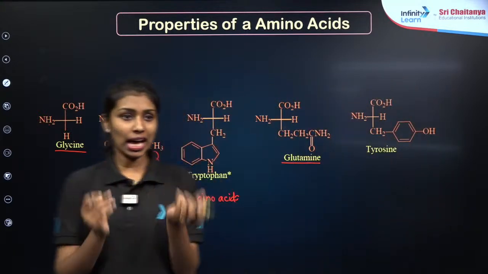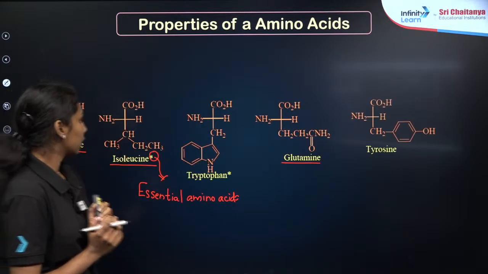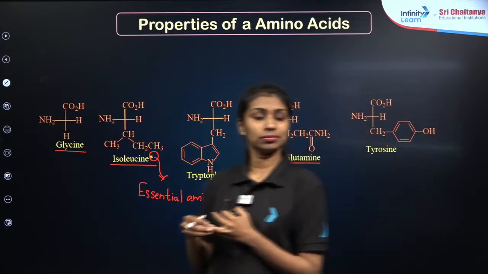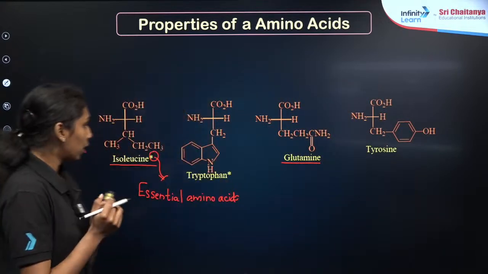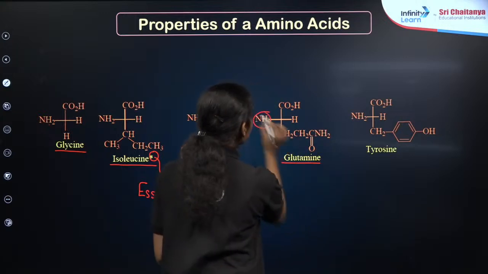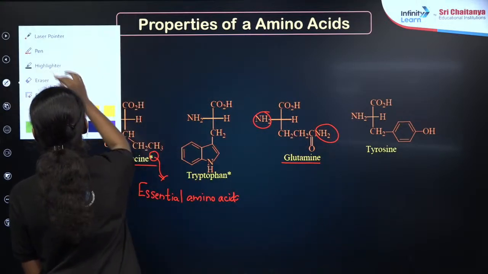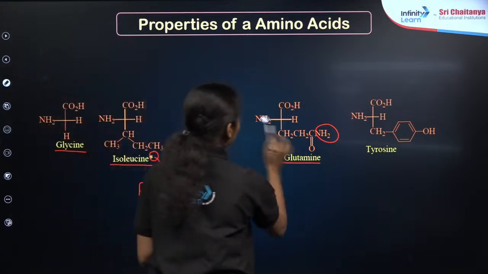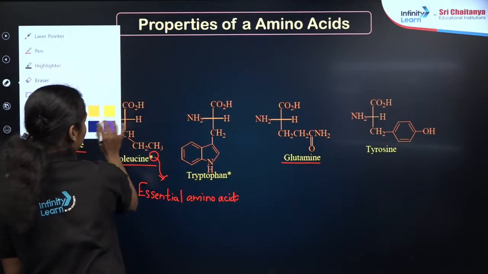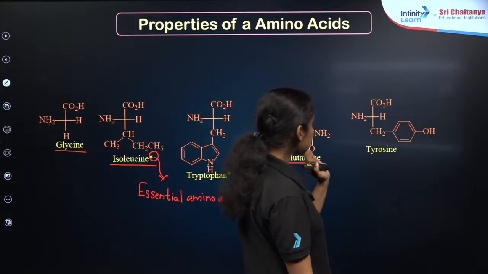When you are moving to the other amino acids, there will be some complications. The third one is glutamine. Glutamine has 2 NH2 groups here. Next one is tyrosine.